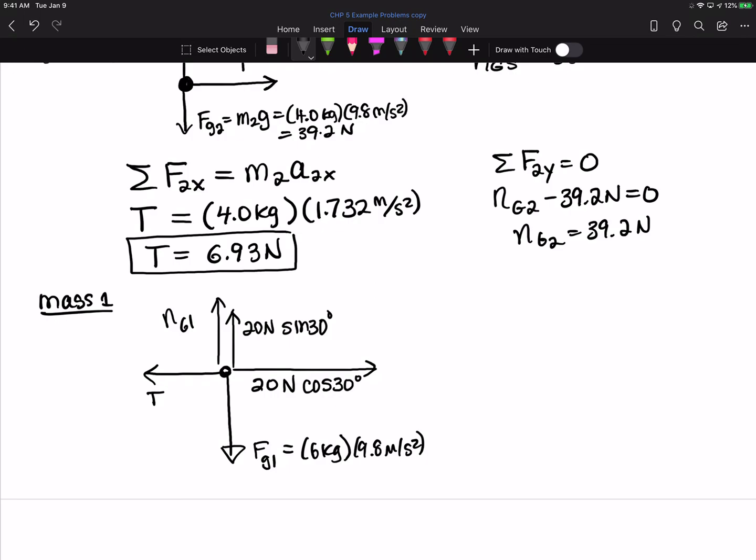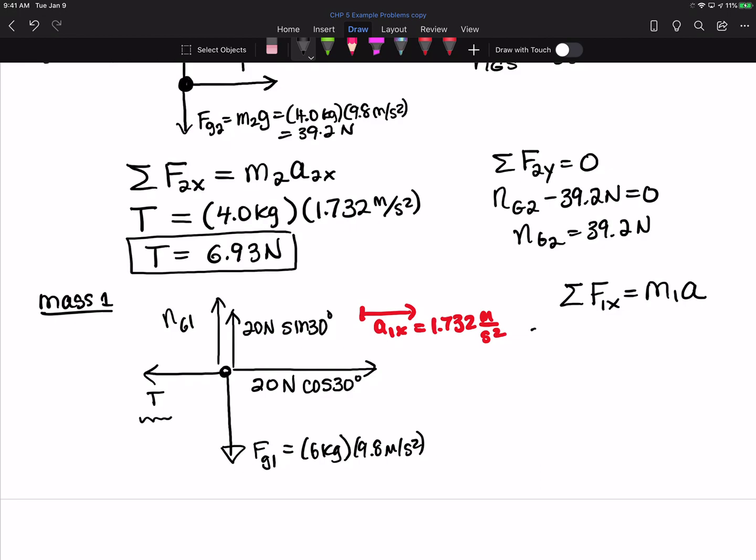And then we know that this system is accelerating. There's an acceleration of 1 in the x direction, which is exactly the same as 2. And if we apply Newton's second law, sum of the forces on 1 in the x direction equals the mass of 1 times the acceleration, we should get the same value for the tension, within rounding error, that we got above.